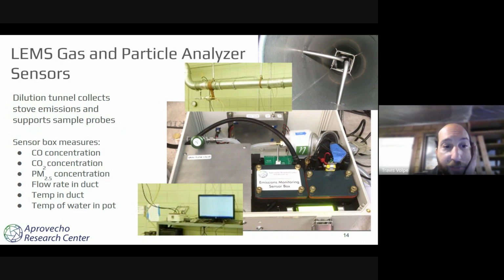Inside the sensor box itself, there are sensors that measure the CO concentration, the CO2 concentration. We measure the particulate matter concentration, the flow rate inside of the duct, and the temperature inside the duct, as well as the temperature of water in the pot.